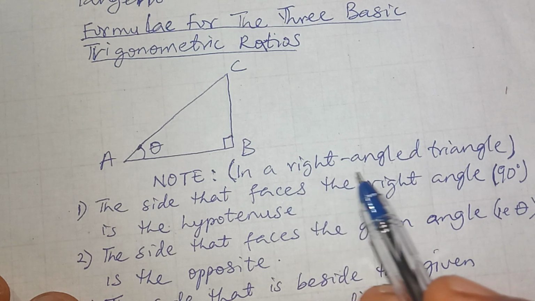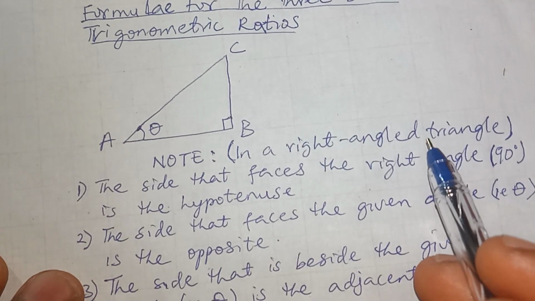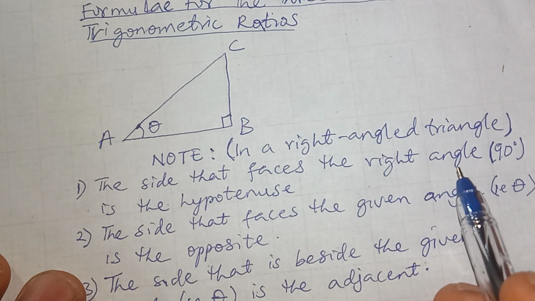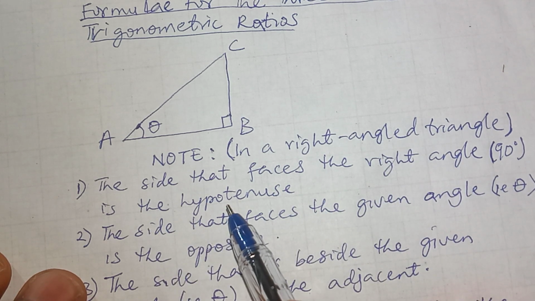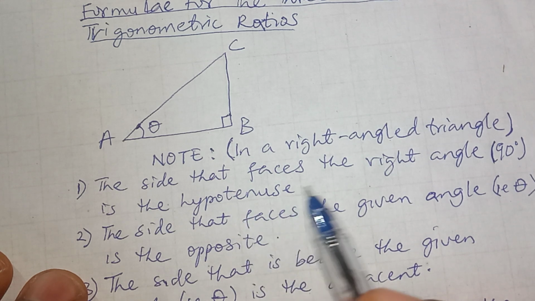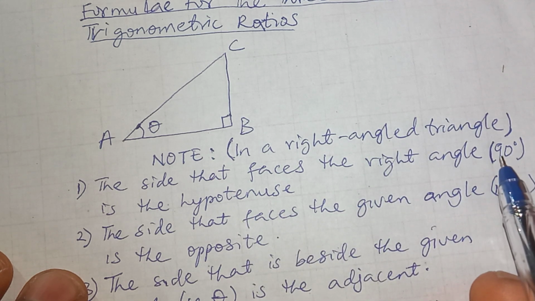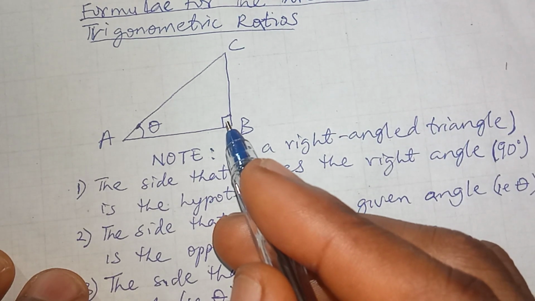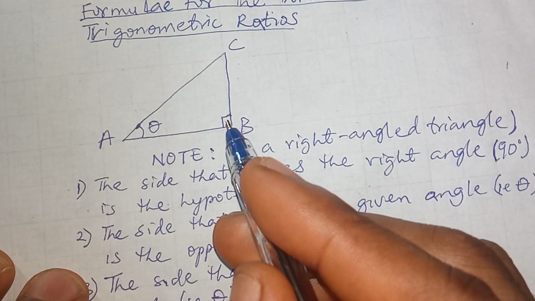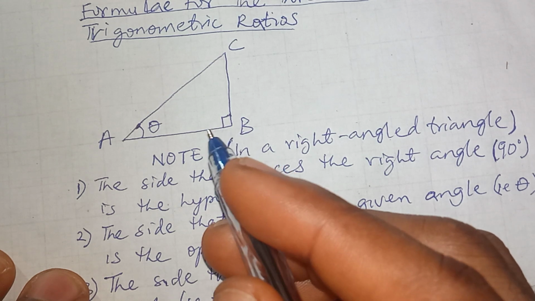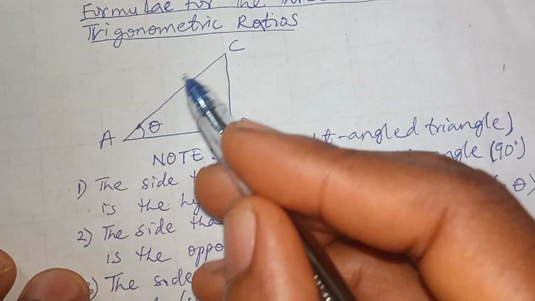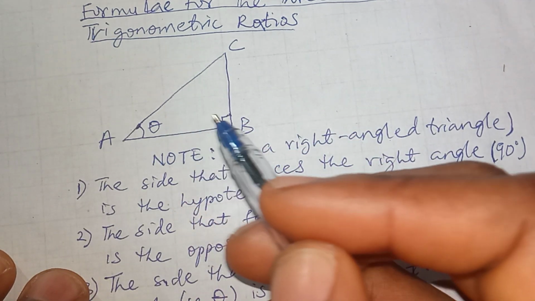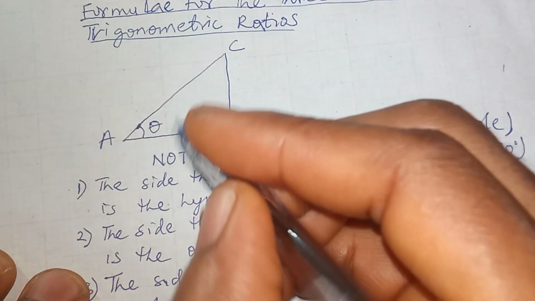Let's take a look at some key things to note before we solve some questions here. Note, in a right-angled triangle, 1. The side that faces the right angle, which is 90 degrees, is the hypotenuse. So this is the 90 degrees here, the right angle at B. So this side AC faces this right angle, and we call it what?